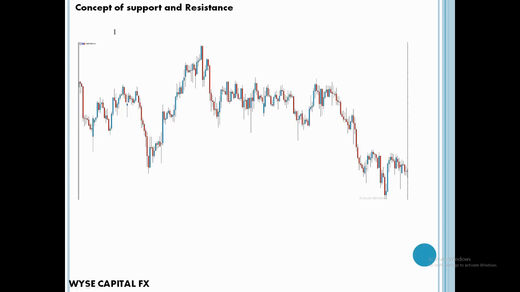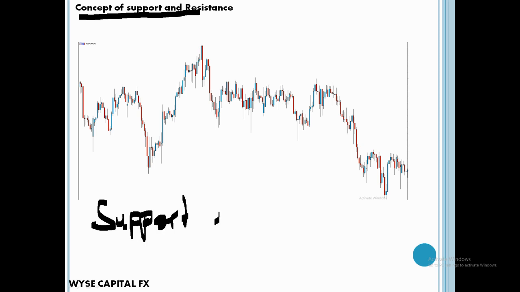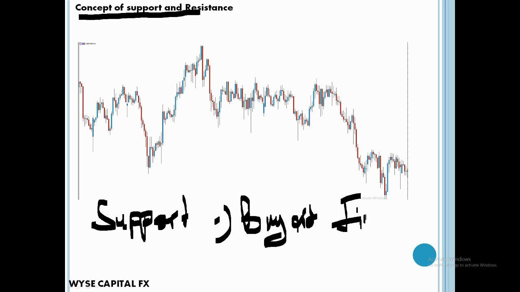Now, the concept of support and resistance. Support and resistance are levels in a chart. Let's start with support. Support is a level on a chart where buyers find value.